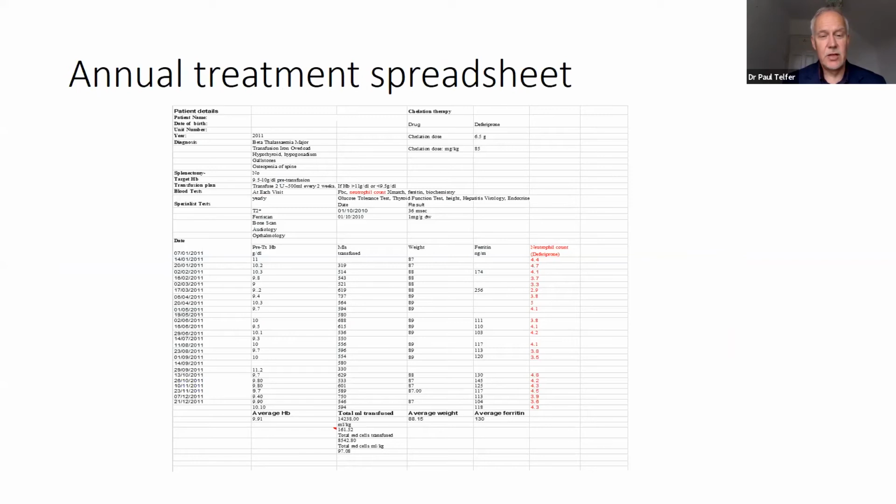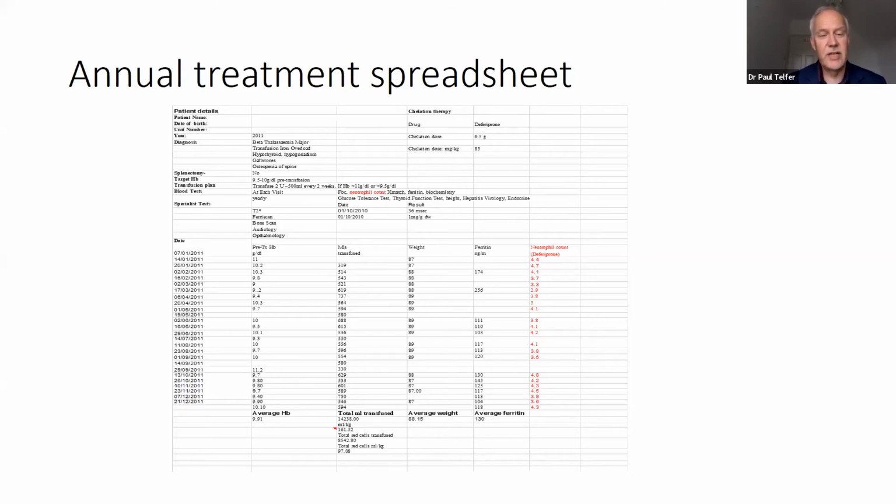One other practical suggestion is to develop a transfusion spreadsheet, and this is what we use in my service, and we use also for monitoring patients who are treated in other centres, where we review them perhaps once a year or twice a year. It's basically just a simple Excel spreadsheet, but it contains useful information and instructions for the transfusion unit staff on how much blood to give and what chelating regime they're on.